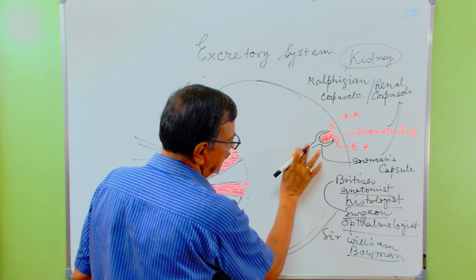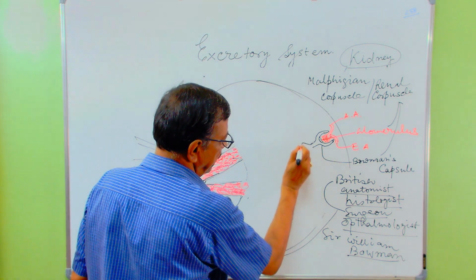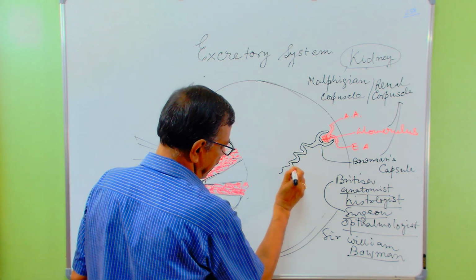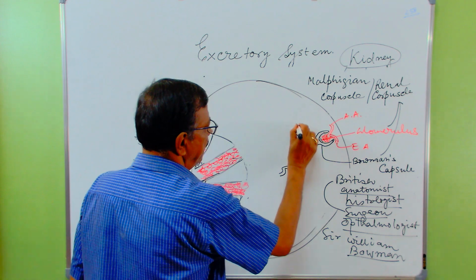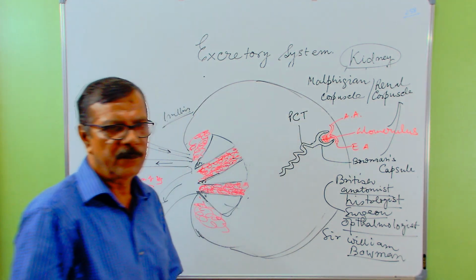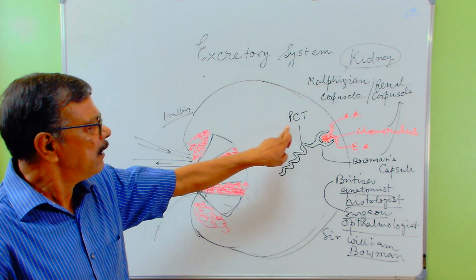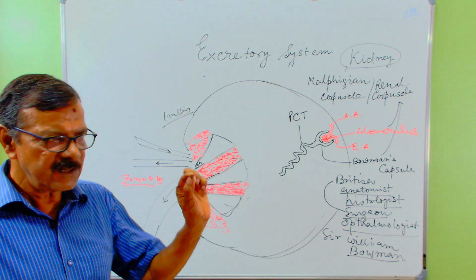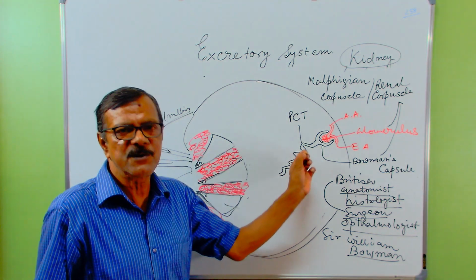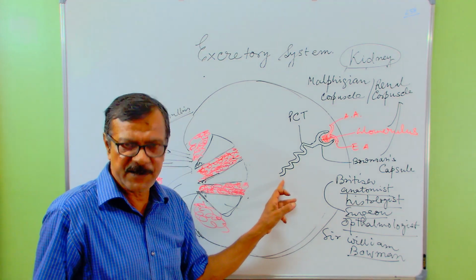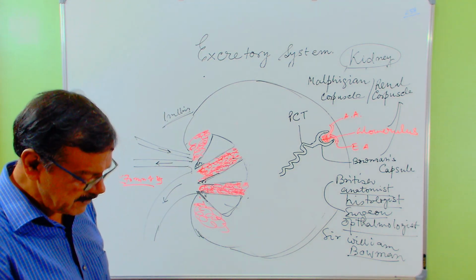This is known as PCT, proximal convoluted tubule. A mini tube is known as a tubule.